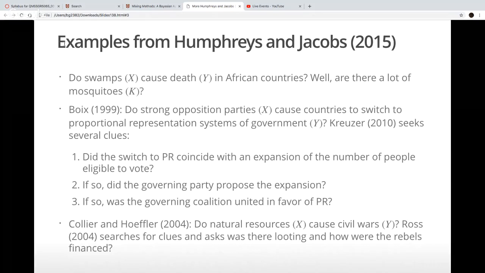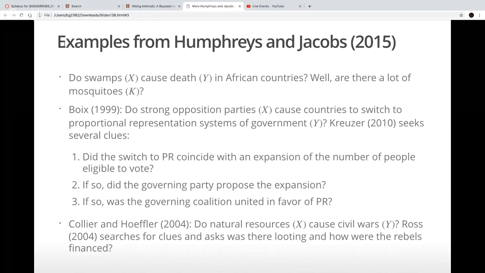in African countries or other poorer countries. And you might say, well, swamps don't cause death unless people are drowning in them somehow. The relationship between swamps and death is actually that mosquitoes live and are born in swamps.